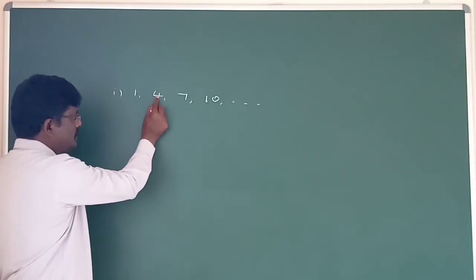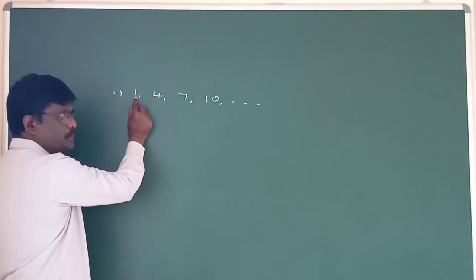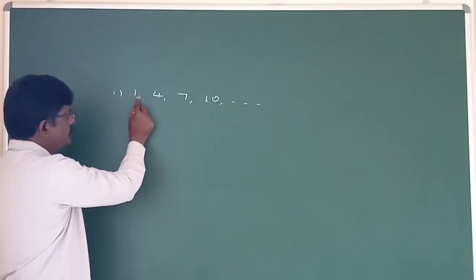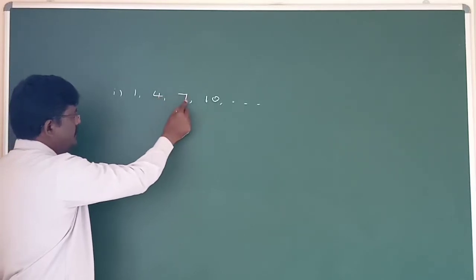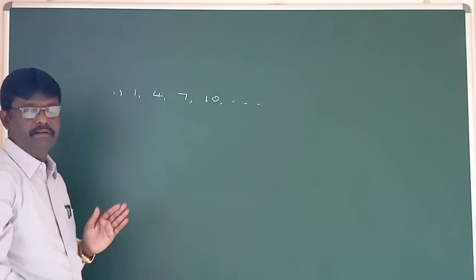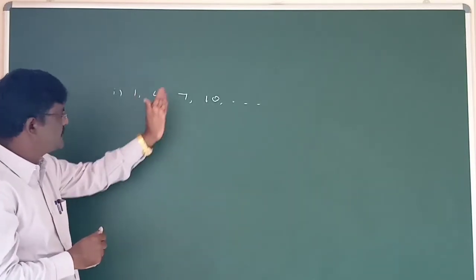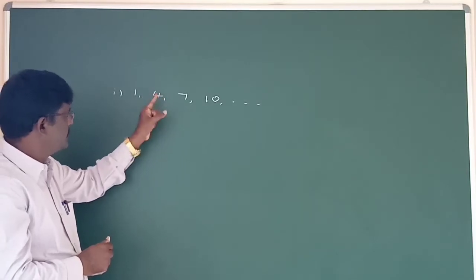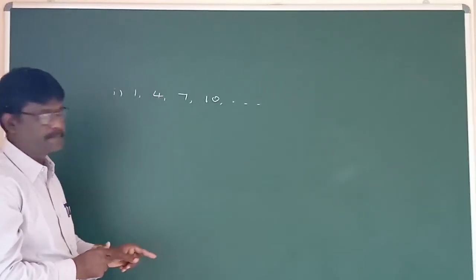See, this 4 is known as successive with respect to this. This is the preceding. How do we get this? Just observe here: by adding 3, by adding 3, by adding 3. Therefore here we find two things: one is increasing order and there is a definite relation between each successive number.